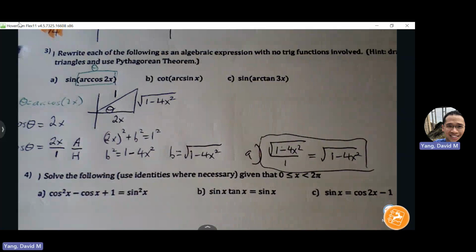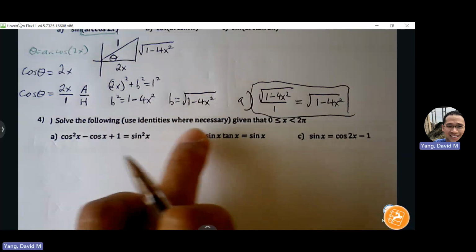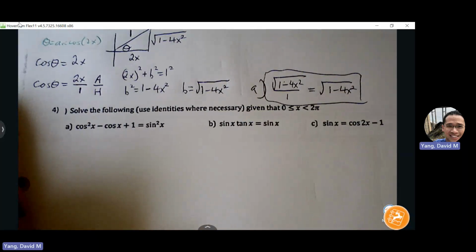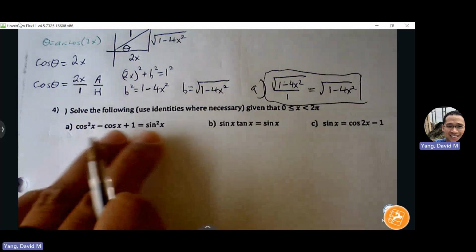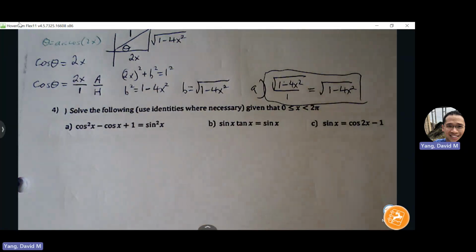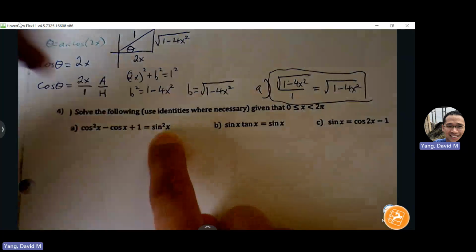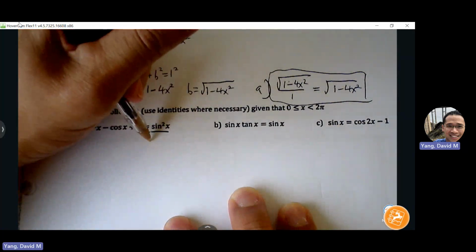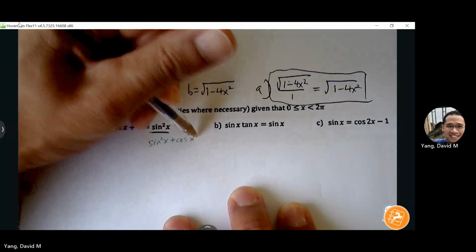Okay, let me just start 4a, and then we can stop. Solve the following using identities when necessary, given that x is between 0 and 2 pi. So I want to solve for x, but I would like to get everything as one trig function. I have 2 cosines, so maybe it's easiest to replace the sine in terms of cosine. I just talked about that trig identity, and it's really helpful: sine squared plus cosine squared is equal to 1.